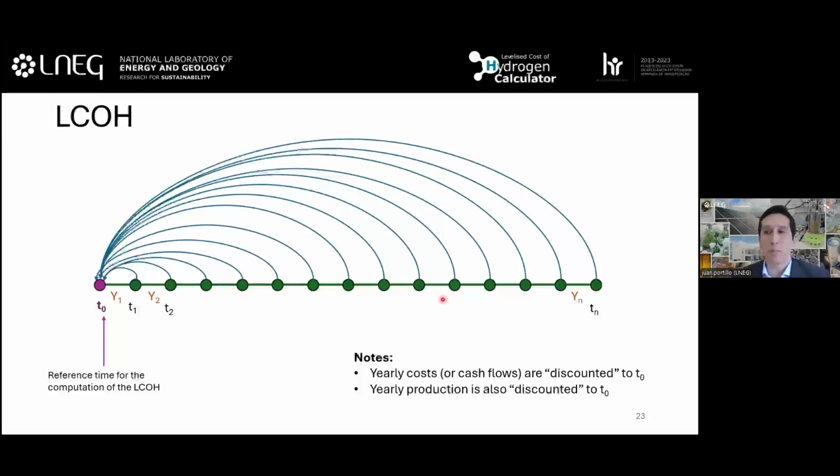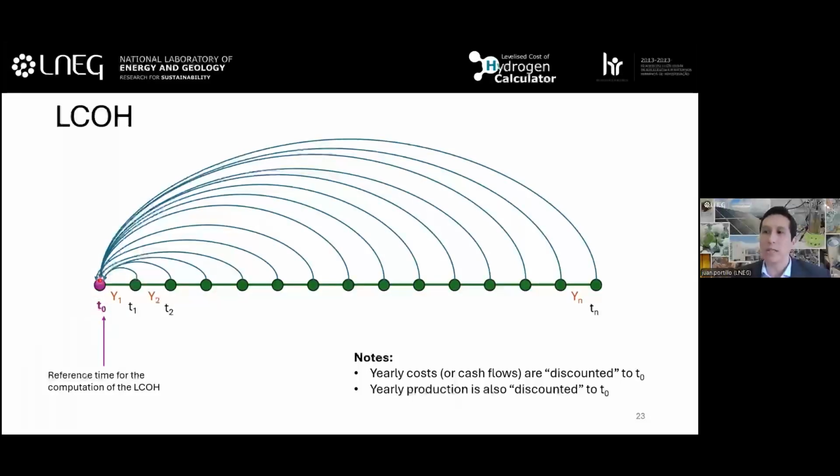Here is a graphical representation of what the levelized cost of hydrogen is, or more or less the way it is computed. So we have a reference time. In our case, it is 00 hours of day one of the operation, of the start of the operation of the plant or the project or the set of assets.